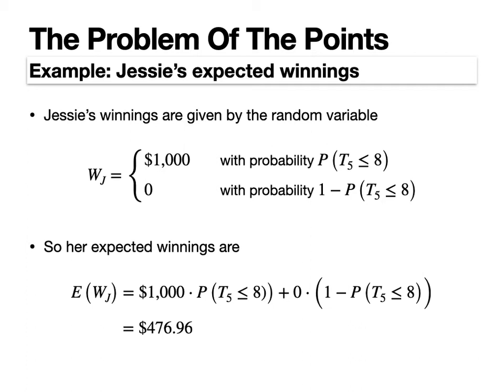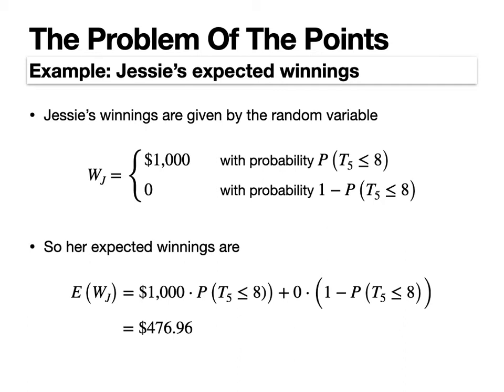Well, look at the random variable that gives Jesse's winnings. Her winning is going to be $1,000 if she wins the match, and we know the probability with which that occurs. It's that probability we just calculated, 0.4770. Or Jesse could win 0 if it turns out Chris wins the match, and we know that probability too would be 1 minus 0.4770.